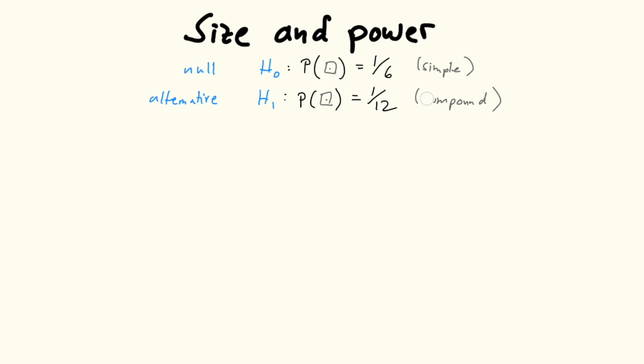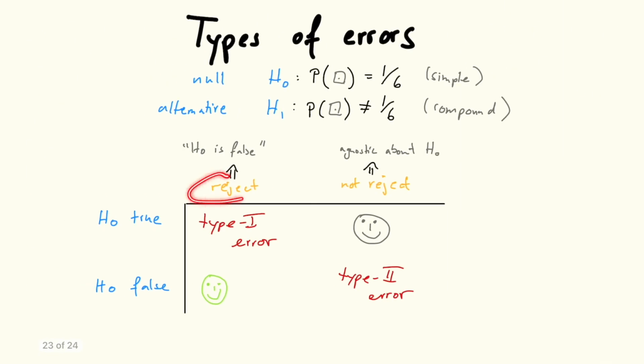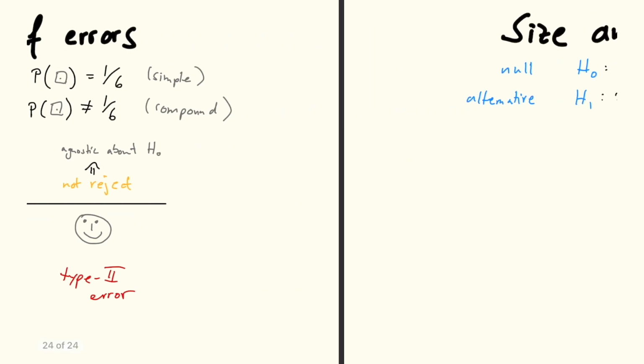Obviously, our alternative hypothesis is now simple. Having two simple hypotheses keeps things really simple for us right now. We'll consider composite alternatives later on. We know that rejection depends on the sample and is therefore a random event.